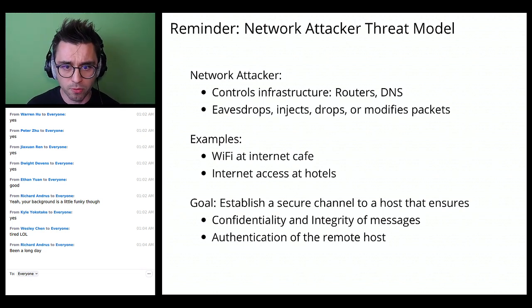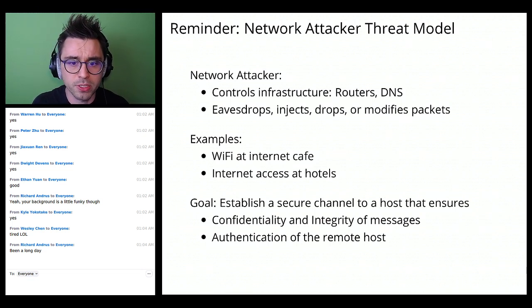Two realistic scenarios where you might have this kind of attacker: your Wi-Fi coffee person sitting at an internet cafe. Every cafe is now an internet cafe. They can intercept packets, inject packets, do all these things that we talk about. You might be at a hotel. Anybody local to that network can do the same thing.